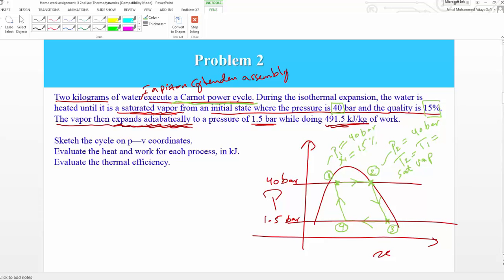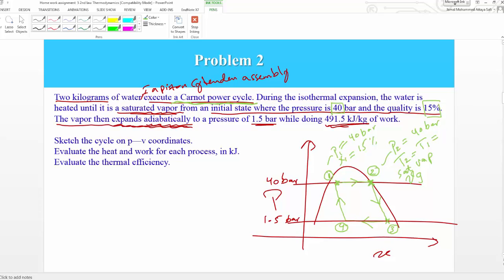And this is why I can put this point here on the saturated vapor line. So state 2 is also fully defined. All the properties here will be the gas properties, in this case Vg, which you can read from the table.